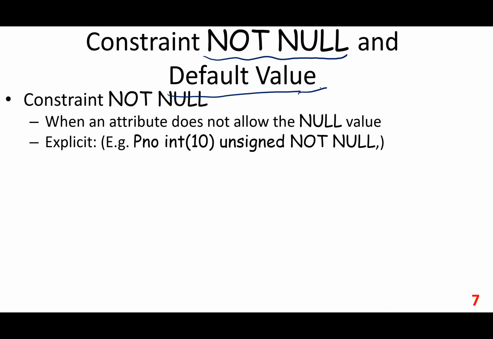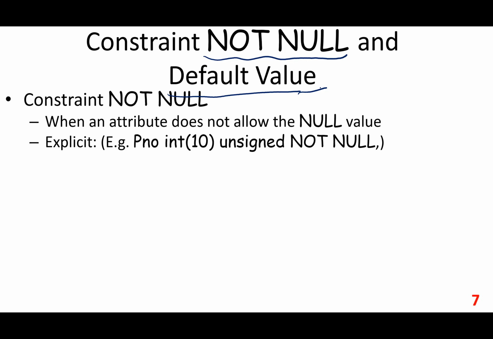Here, this example also from the company database, Pno, project number. We use this short name, Pno, INT, up to 10 digit integer number, data type, unsigned, also data type, so unsigned integer number, then NOT NULL.